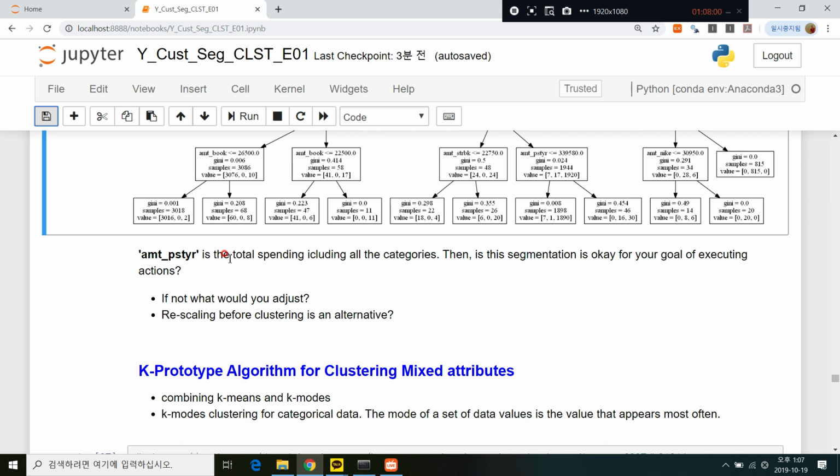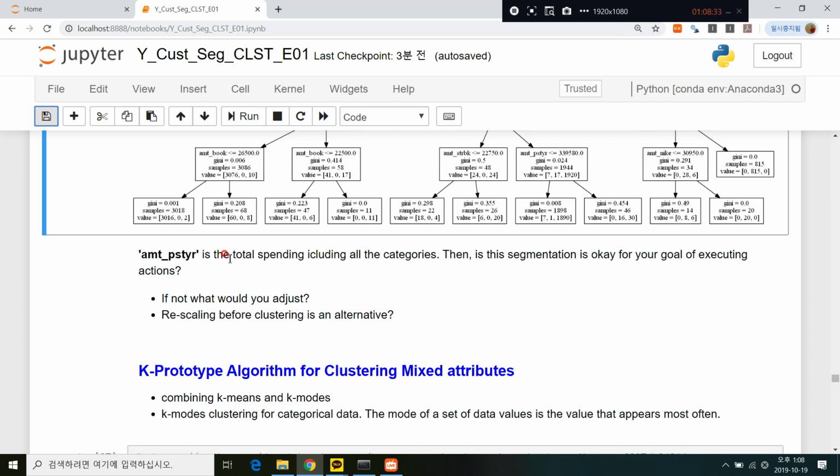Then, if the segmentation is okay for your goal of executing actions, it's totally dependent on what your goal is. But if you don't like this result, then you have to do something. If it's not what you want, what would you adjust? What will you change in the procedures in all those jobs?